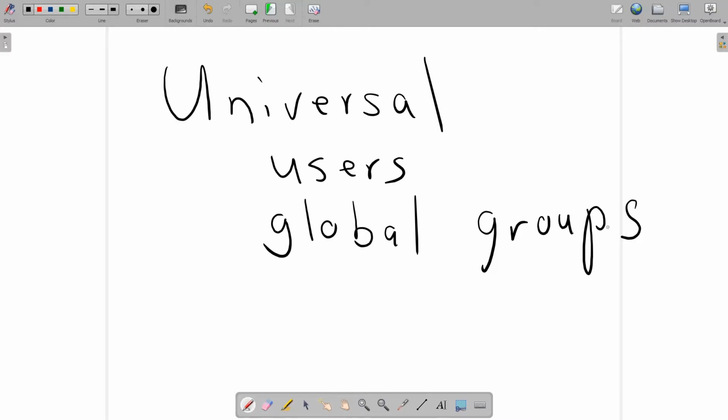So universal groups could have users, may have global groups. If I were designing, I would probably get rid of the global groups. Those are really legacy from the old Windows NT, and just have domain local and universal groups, and let the universal groups contain all of my users.